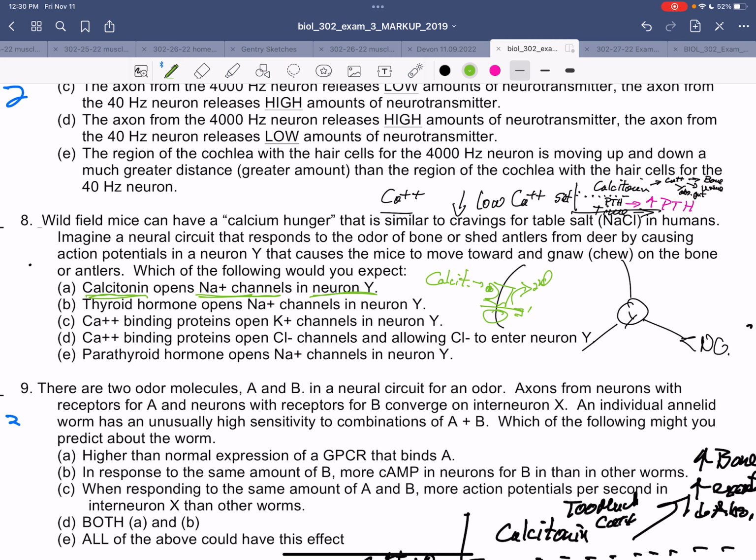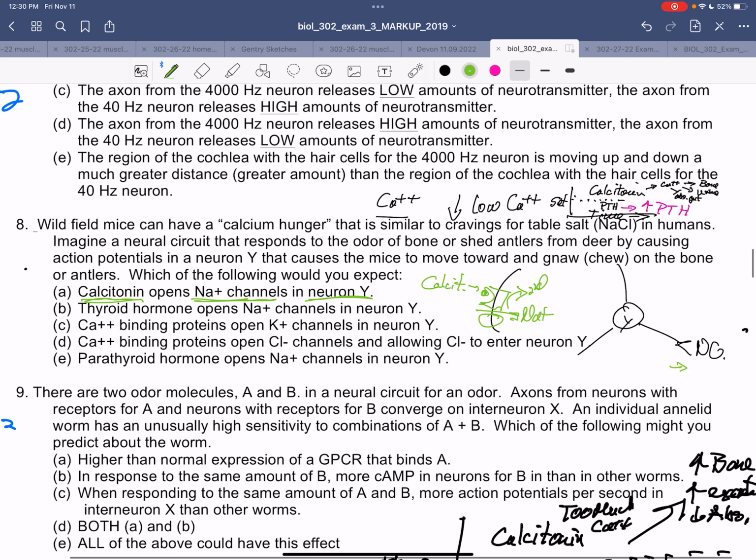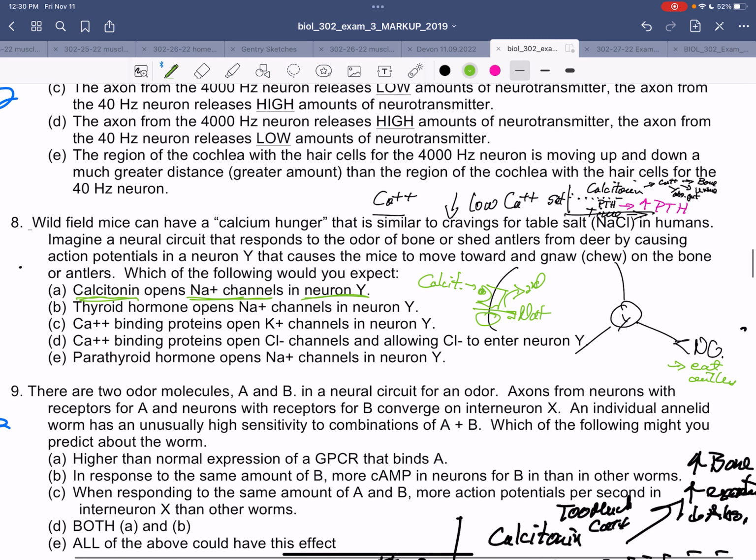But anyway, you're getting sodium in, and that would be eat antlers. So does that make sense if that is true? Well, that would mean calcitonin is when you have high calcium, but in this case we have low calcium. So we can rule out that one.